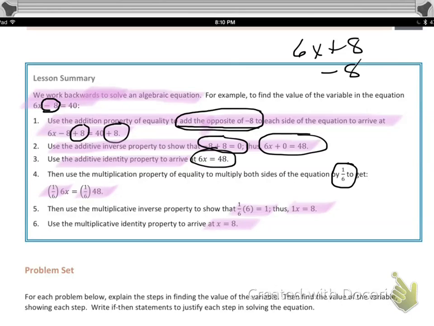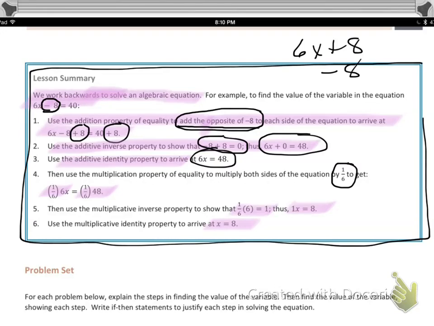So our lesson summary is just a little sample problem. It sums up that whole idea of working backwards, taking things apart to get to the solution, because we get down to 1x, how much one of our unknown is worth. That's where we want to get. So go ahead and finish your problem set and do your exit ticket, and see you in lesson 23.